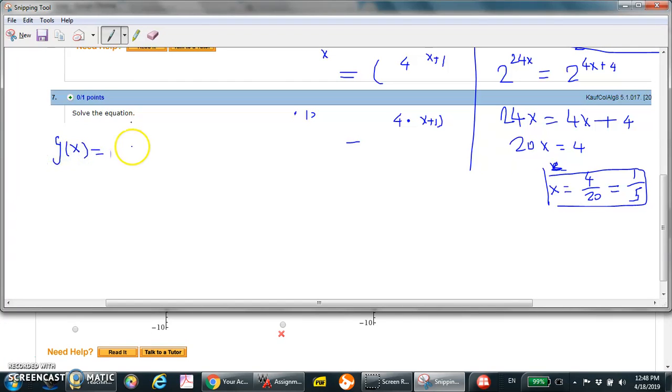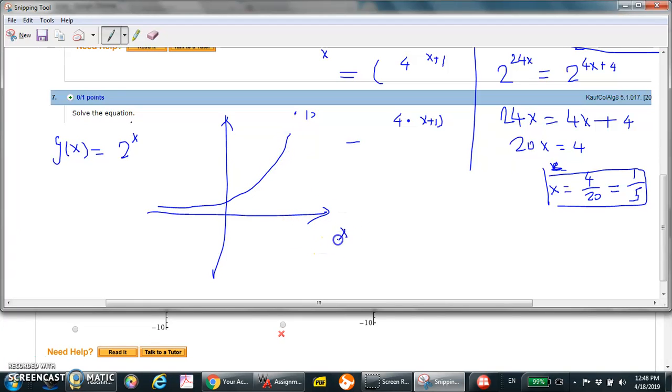So let's consider we have the function g(x) equals 2 to the x, and we know the graph looks like this. It passes the point 0, 1. And right now we want to graph the function f(x), which is equal to 2 to the x plus 4.